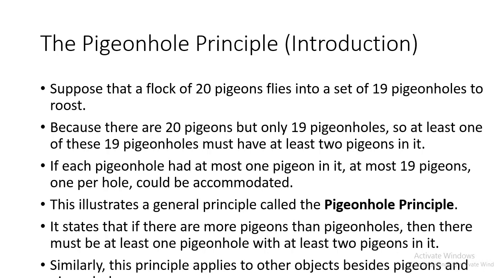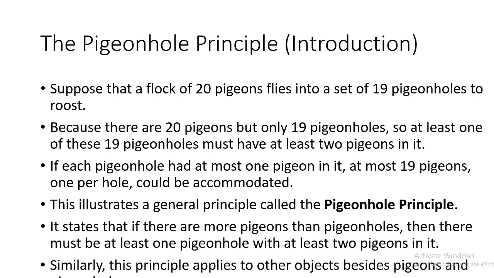To solve this problem, at least one pigeonhole must have at least two pigeons in it. If each pigeonhole had at most one pigeon in it, then at most 19 pigeons, one per hole, could be accommodated.